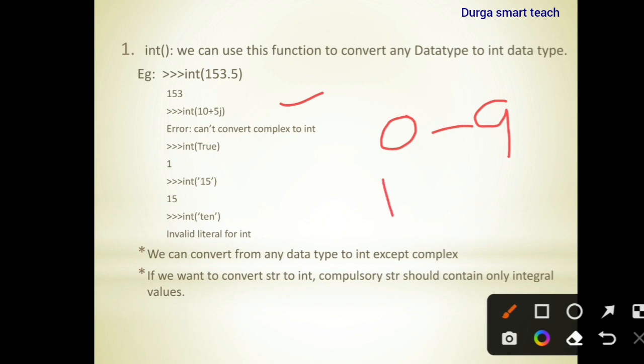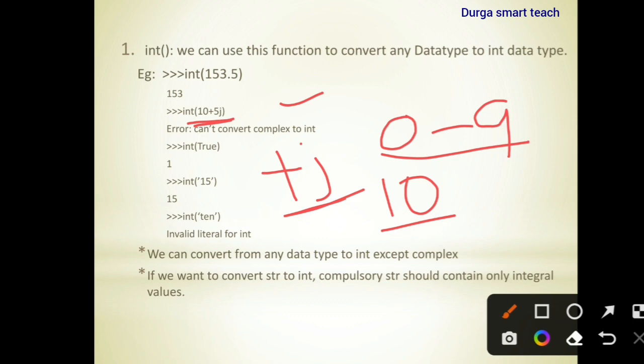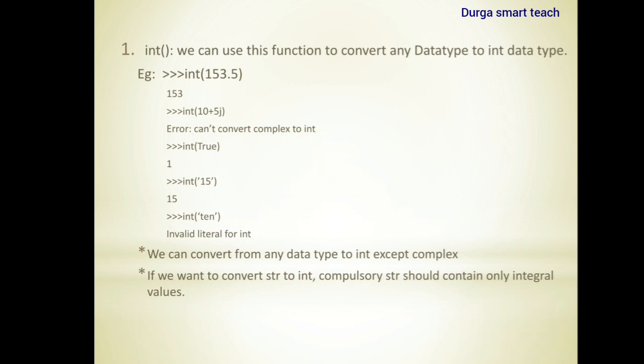Decimal means 10, numbers from 0 to 9. But here the complex number contains a plus operator as well as some alphabet. Alphabets and operators are not allowed in int. Only numbers from 0 to 9 are allowed. So that's why we cannot convert complex to int.